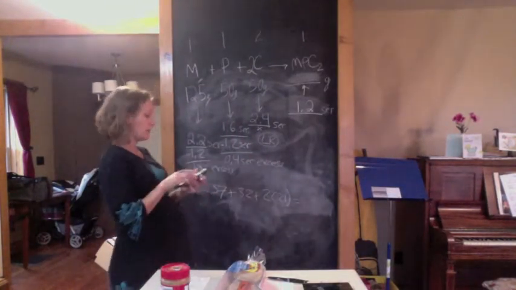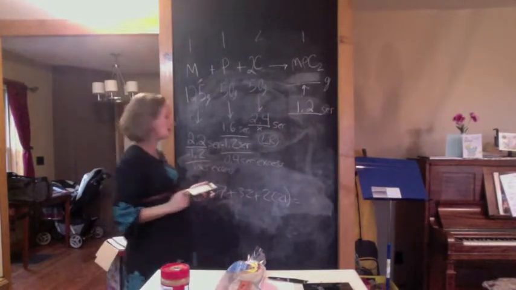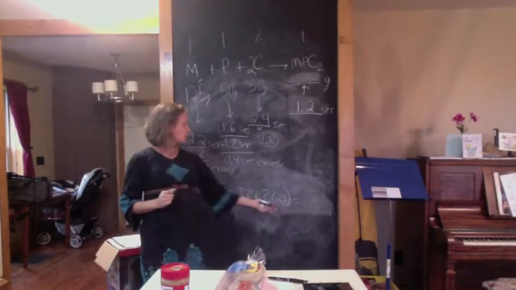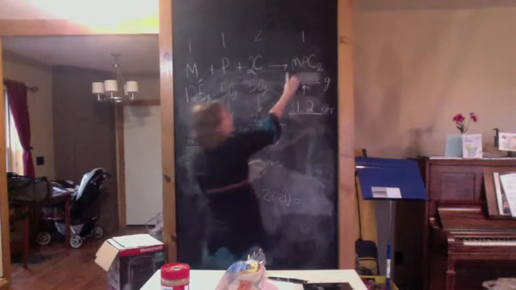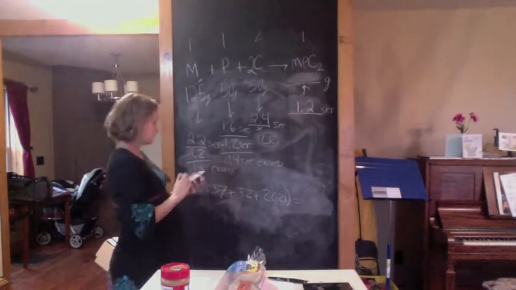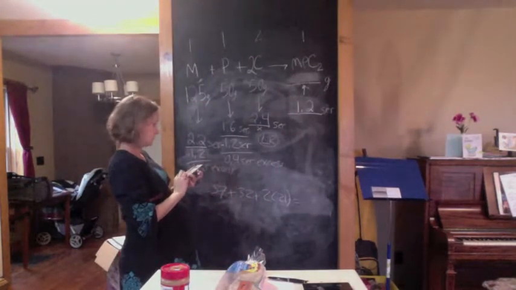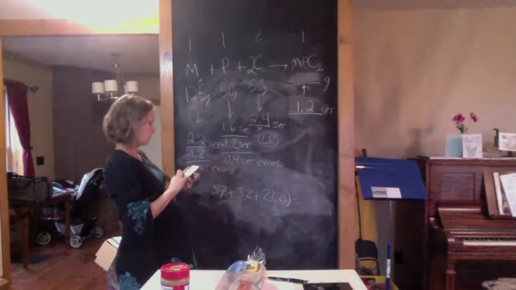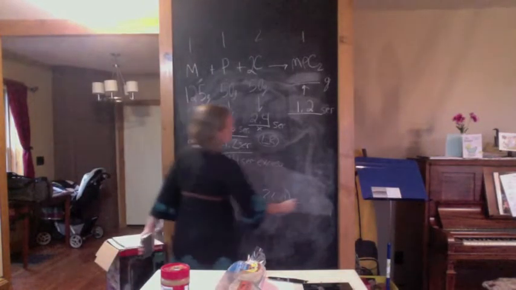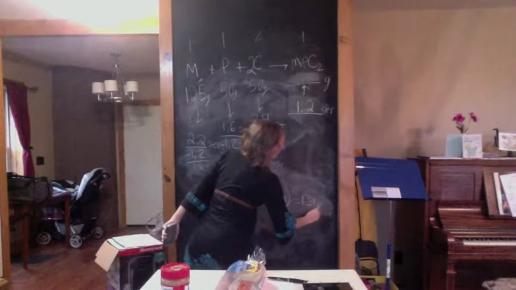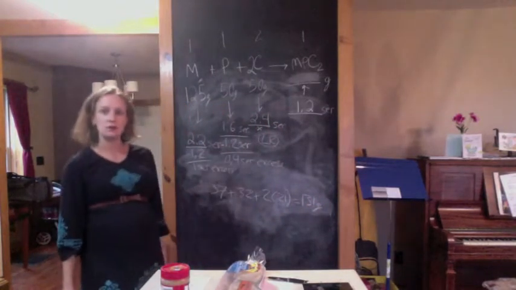And we can add that up, just like you would if you were looking at the periodic table for grams per mole, and adding them all up in a compound to find out its molar mass. So we have 131 grams per serving.